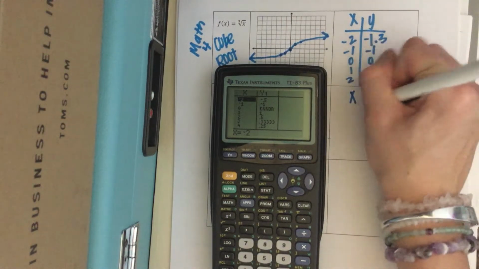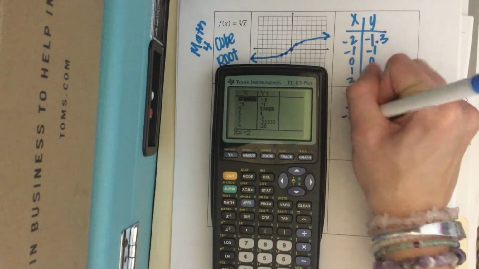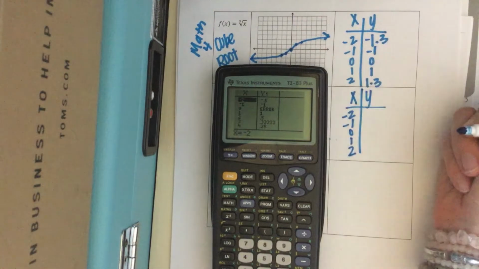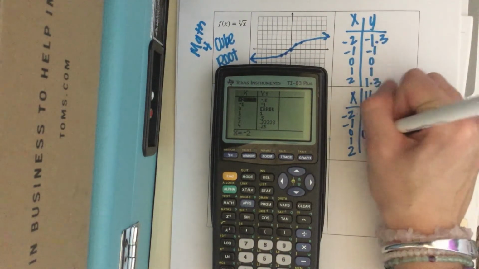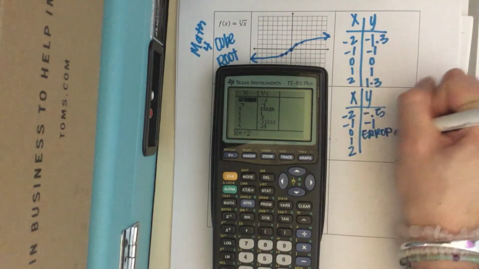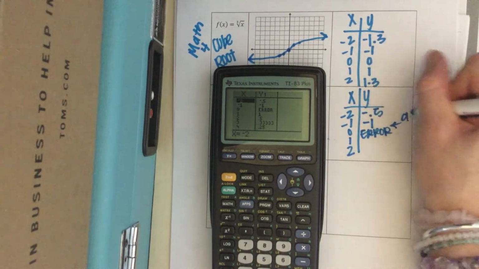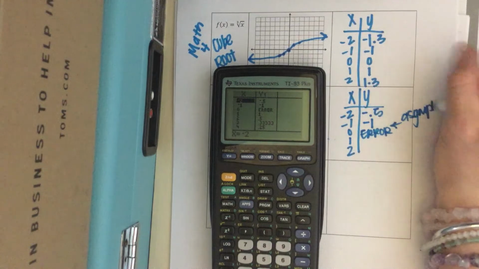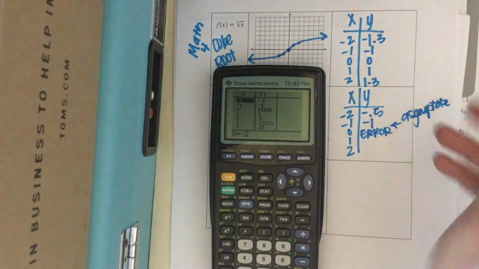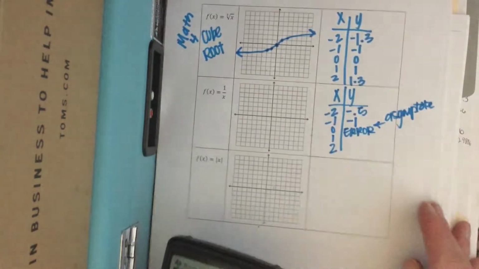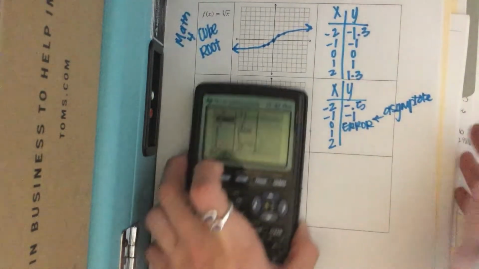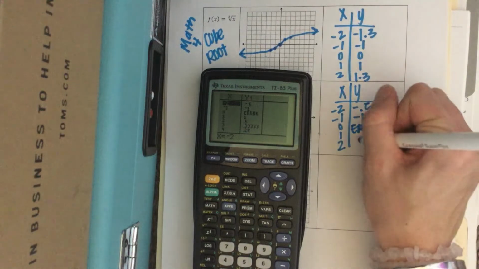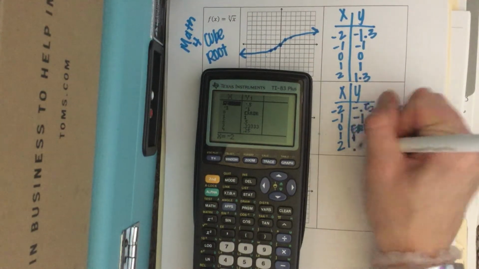So we can do x, y still: -2, -1, 0, 1, 2. That's -0.5, -1, error, which means there is an asymptote. Remember we talked about asymptotes when we were graphing tangent. Sorry, that went off the screen. And then 2 gives 1, and then 0.5.